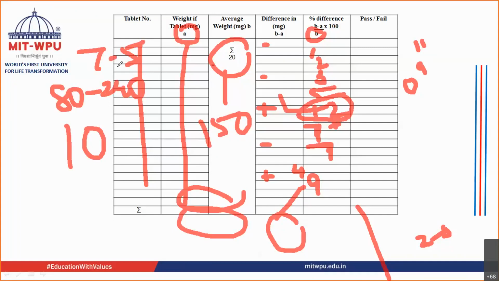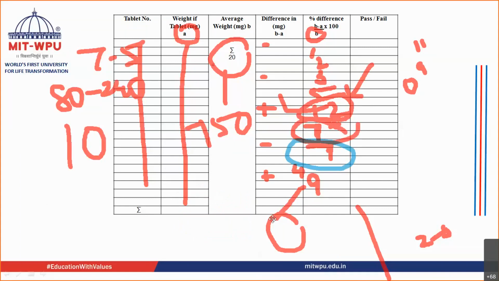Above that it is not allowed. So again this tablet is failing. Supposing I say this tablet is 750 milligram average weight, then this is also failing, because the percentage deviation allowed for 750 milligram is just 5%.